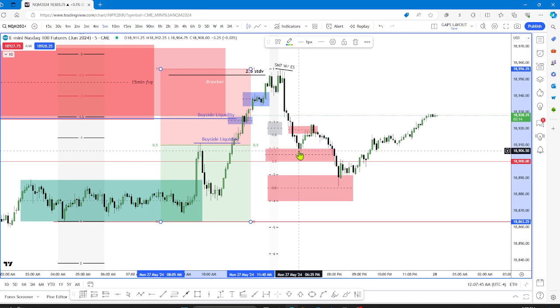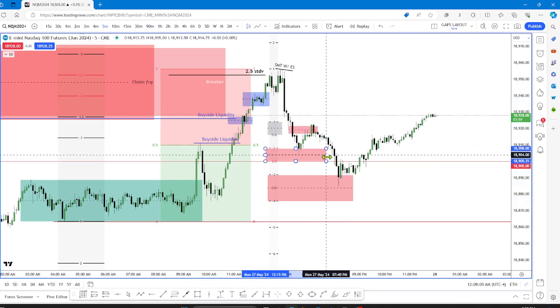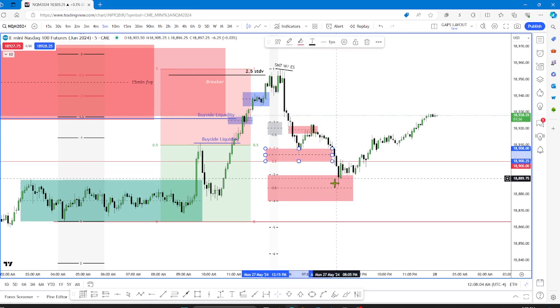We bounce just underneath it and retrace, and then we get some doji candles that go through there. If we were to get heavy displacement through this 2 to 2.5, then we could likely see at least 4 taken, or 5 being the standard deviations to take the rest of this market maker sell model.